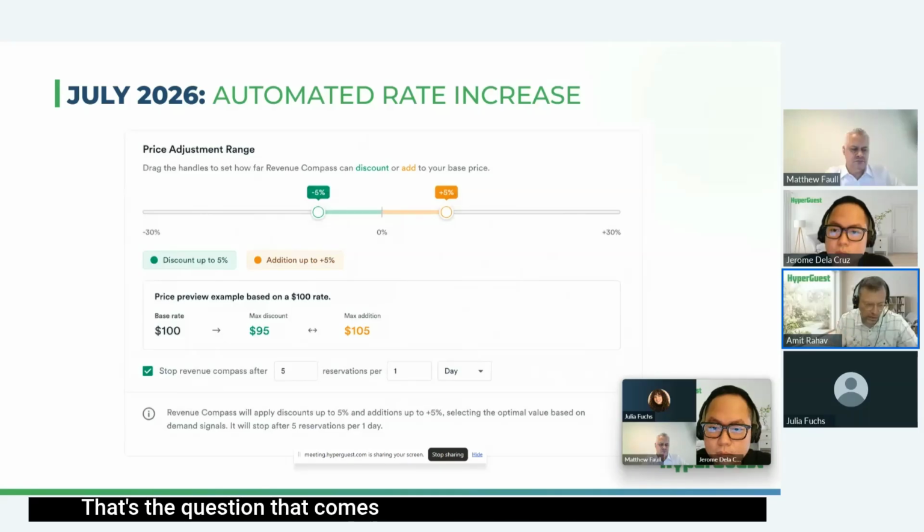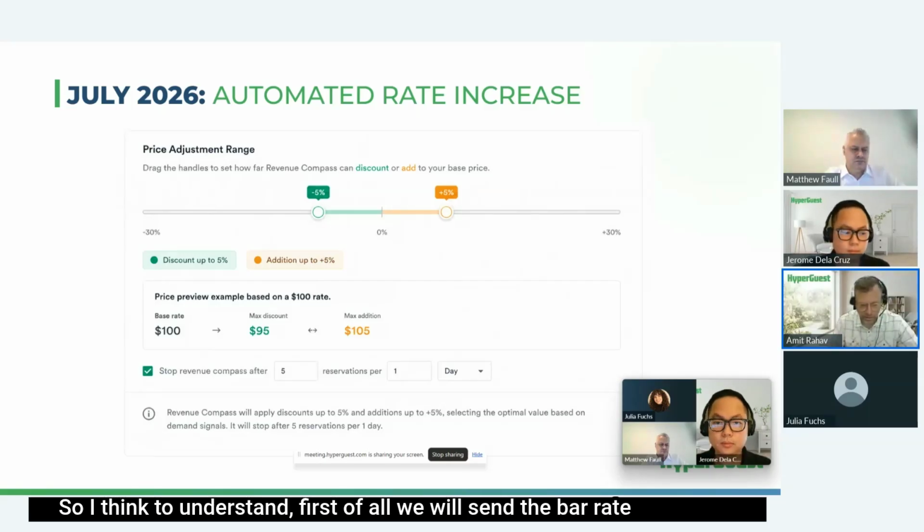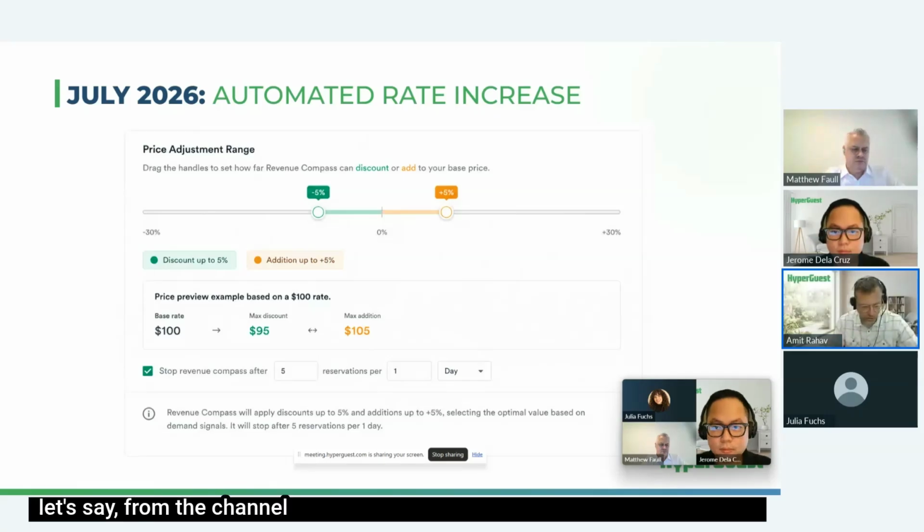That's the question that comes: what happens with my bar rate? So I think to understand, first of all, we will send the bar rate as arrived, let's say, from the channel manager, alongside this optimized net rate. But also, I think one of the best cures against rate leakages is to not give too much commission.